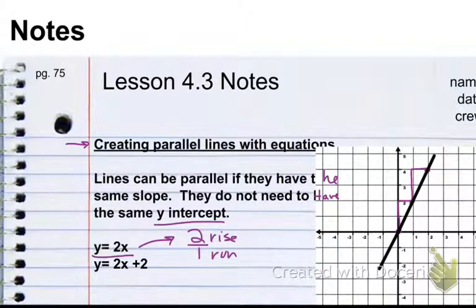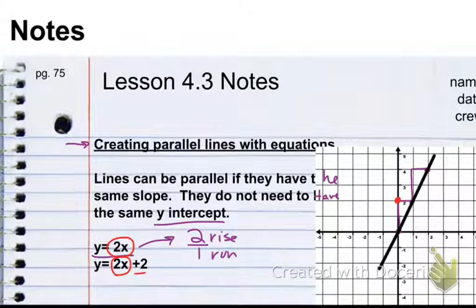As long as I make sure my line has the same slope, they will never intersect. So I've got this new equation, y equals 2x plus 2. Notice they've got the same slope, the same coefficient, but this one is plus 2, meaning I start at plus 2 right here.